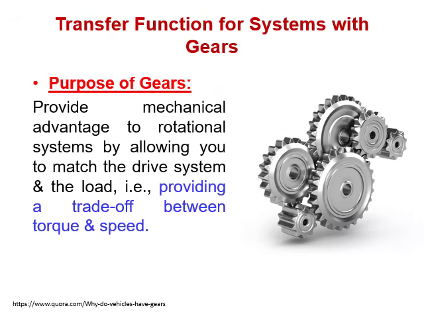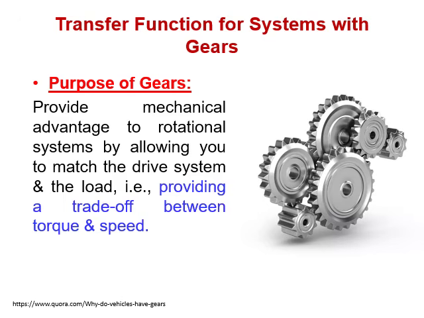Now we will discuss the rotational mechanical system with gear. If there is a gear connected to the rotational mechanical system, remember that the gear is used to change the speed and the torque. Sometimes if we have a certain torque applied, it's going to cause a certain rotation.